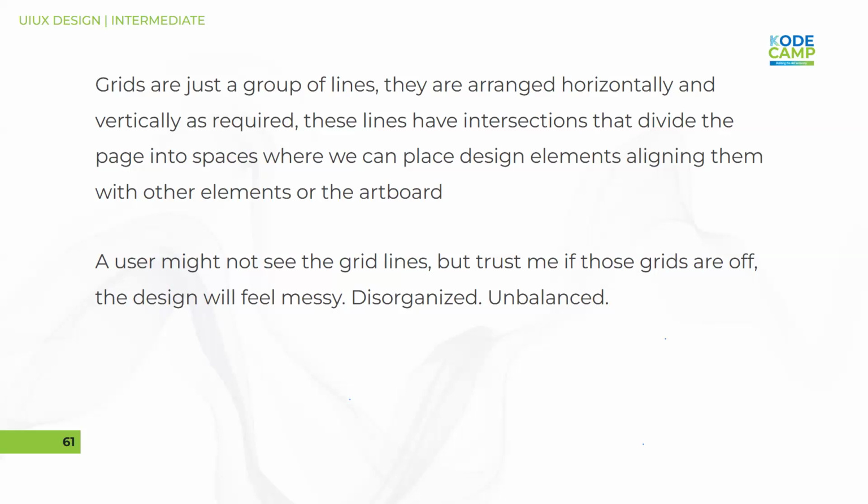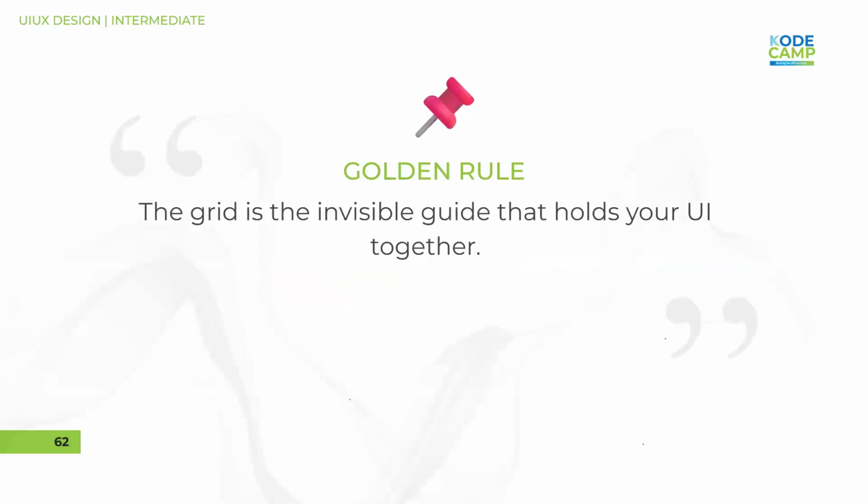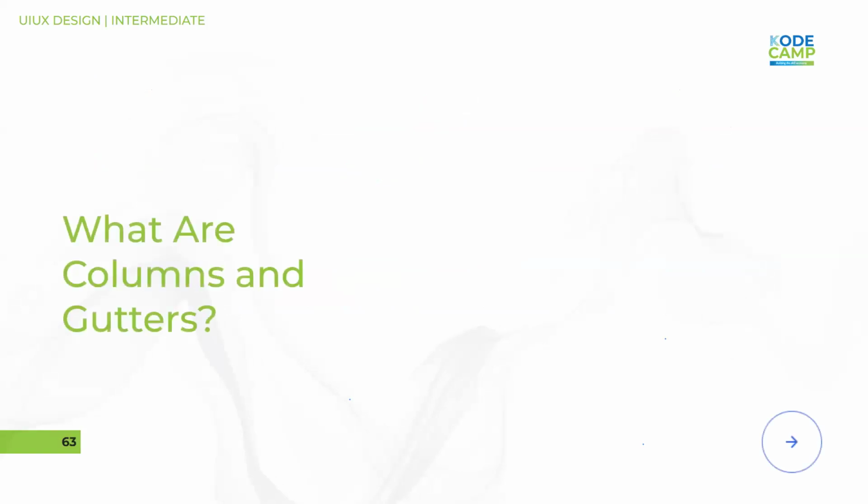In digital design, especially in our field of UI UX, we mostly use vertical grids to divide our board into columns and gutters. The grid is the invisible guide that holds your UI together. If your layout or whatever content you're putting in goes outside of the grid system, it will look messy. So we have to follow the grid whenever we are using it.